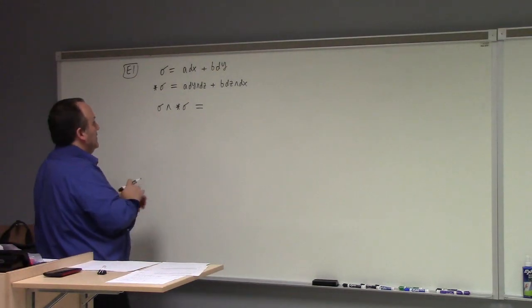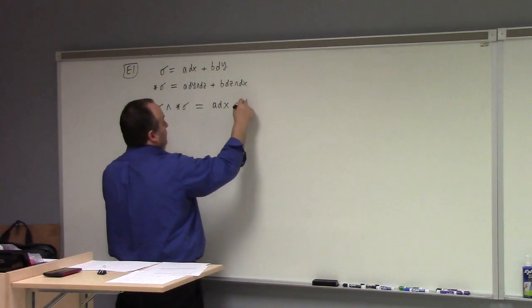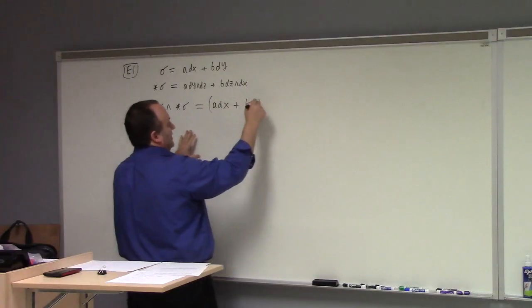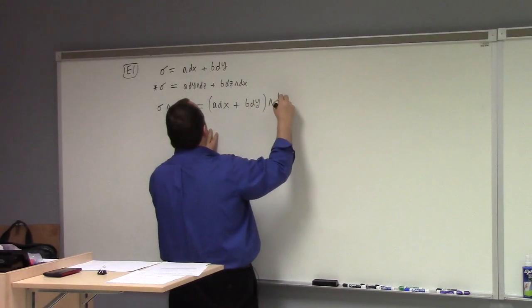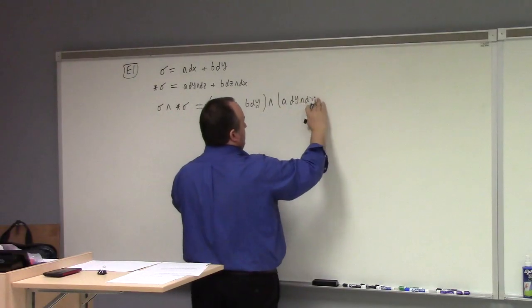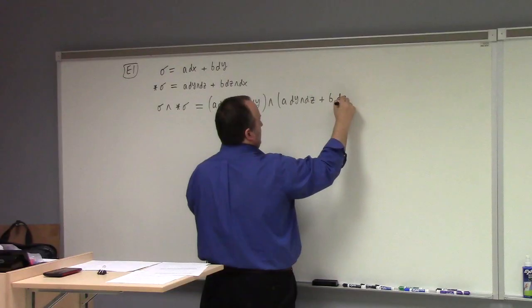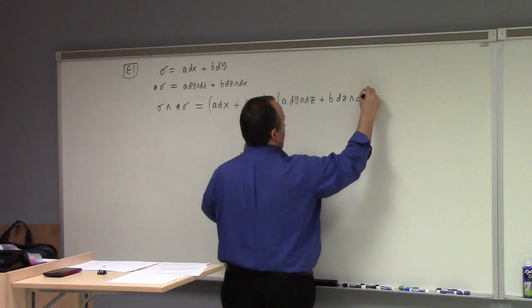All right? So we have a dx plus b dy, and we're taking the wedge product with a dy wedge dz plus b dz wedge dx, right?